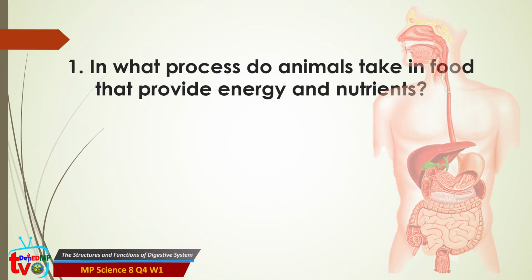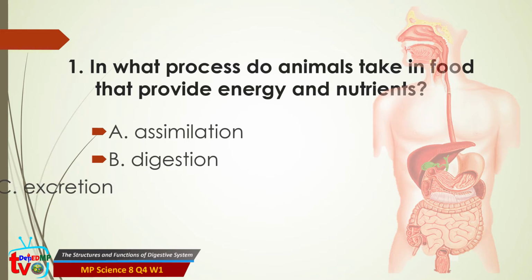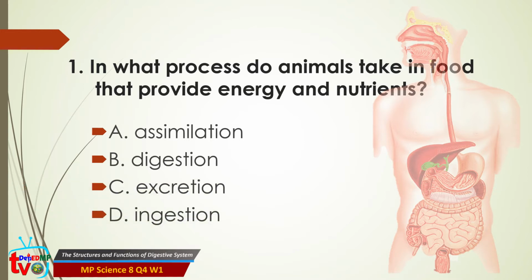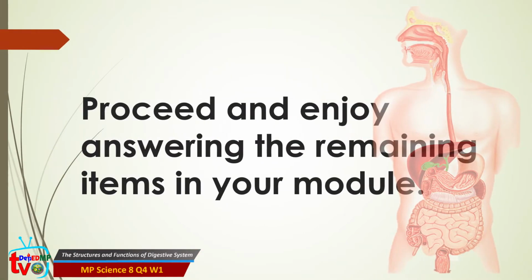In what process do animals take in food that provide energy and nutrients? Letter A, assimilation. B, digestion. C, excretion. D, ingestion. And the answer is letter D, ingestion. Proceed and enjoy answering the remaining items in your module.